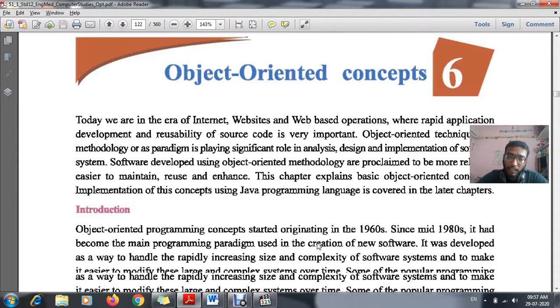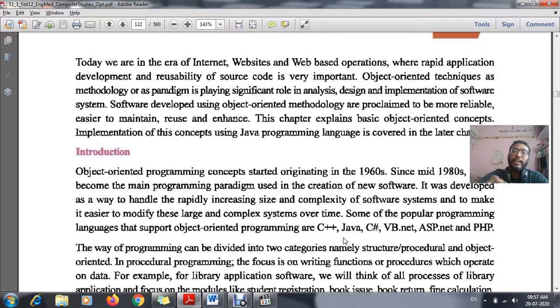The thing is that in the late 1960s, during that time, we introduced the object-oriented concept. Nowadays, the best and simple way, if I'm saying, we all have heard about Java programming language, C programming language, C++, ASP.NET, okay, PHP.